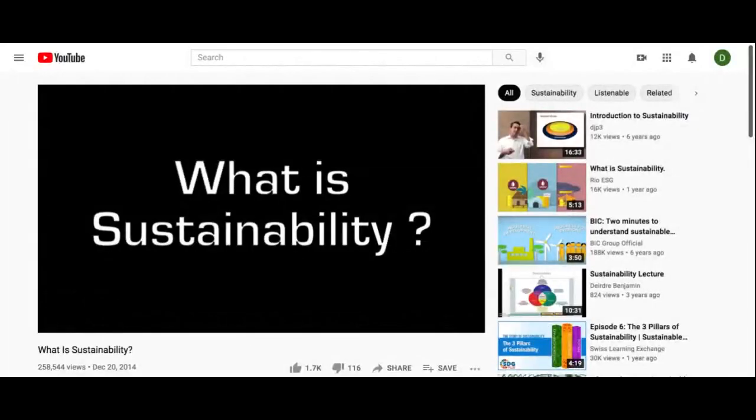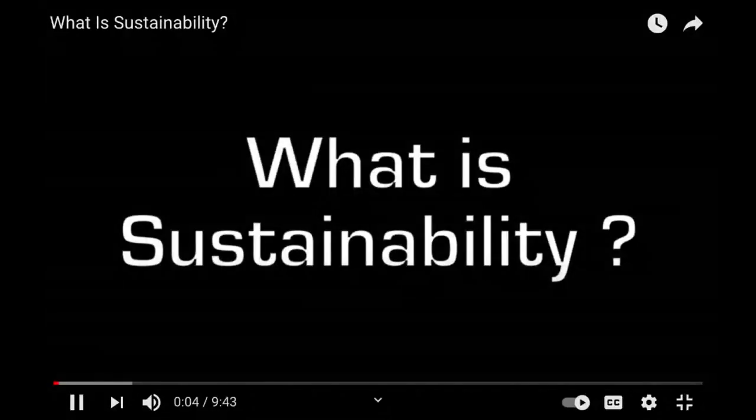So what is sustainability? You've probably heard the term sustainability in some context or another. Maybe you've used some product or service that was labeled as sustainable, or maybe you're aware of some campus or civic organization that focuses on sustainability. You may recognize that sustainability has to do with preserving or maintaining resources.